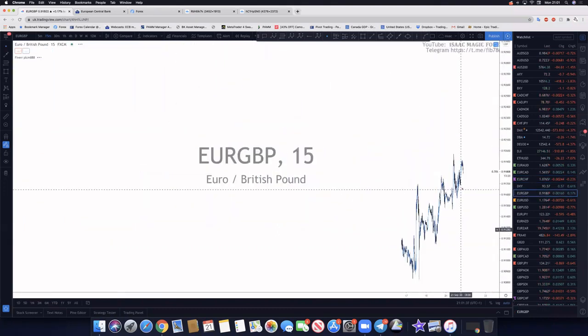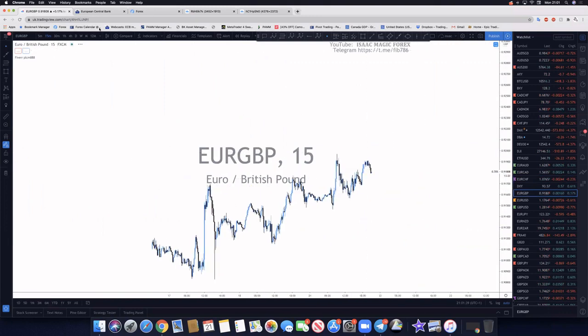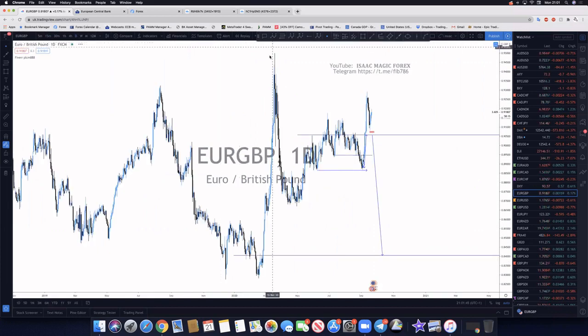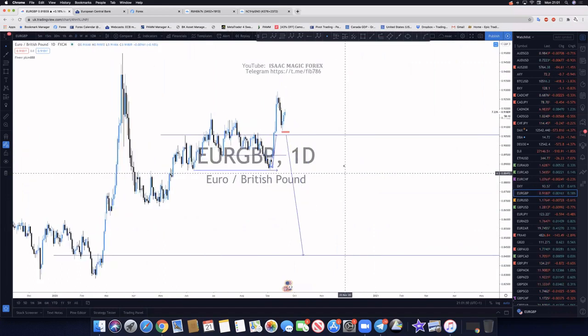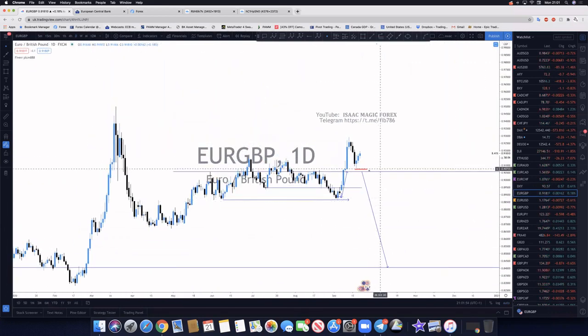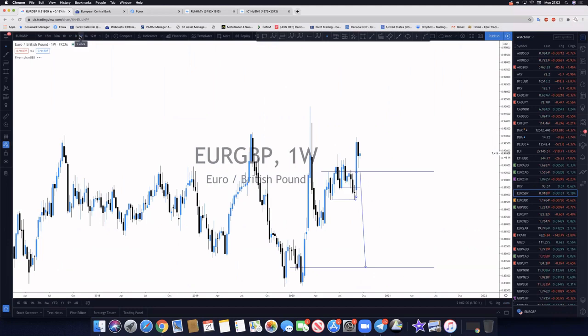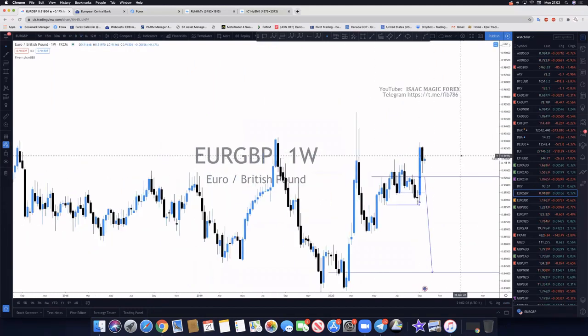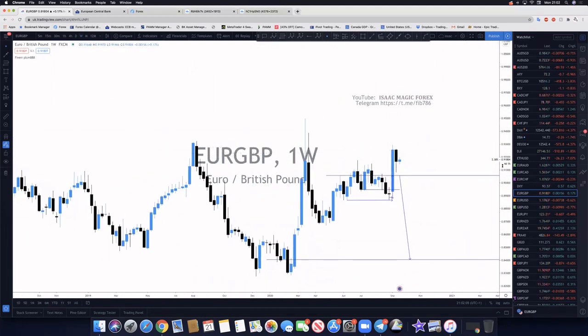Euro GBP. Euro GBP is making its way up. It's a buy, so you're going to look for buyers. Yes, we are looking for buyers.